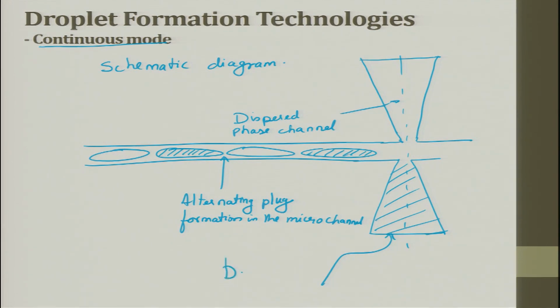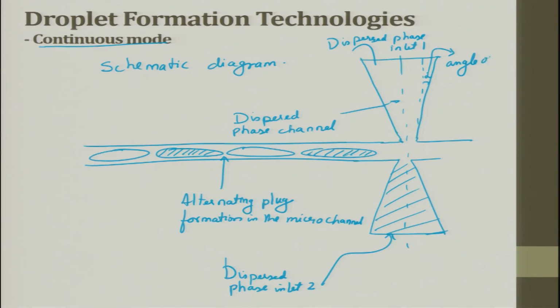This will be dispersed phase inlet 2. This will be dispersed phase inlet 1, and if I try to draw a line, this angle theta is the angle of taper alpha.